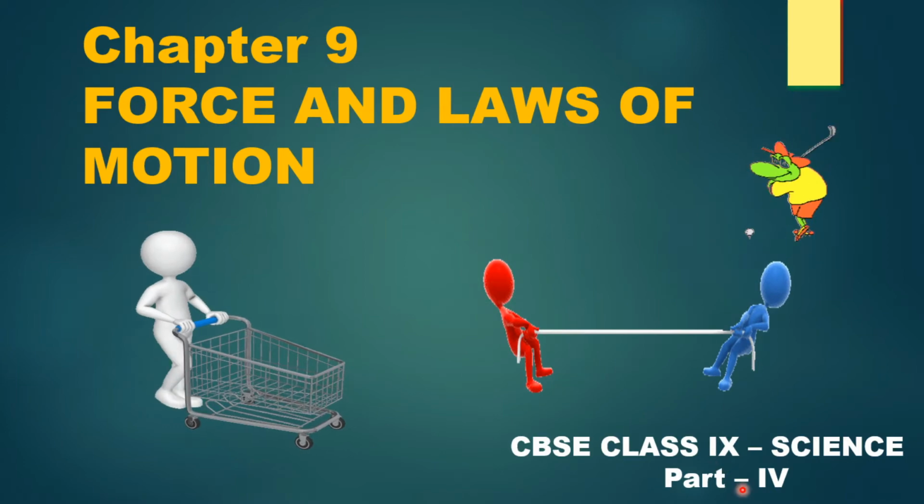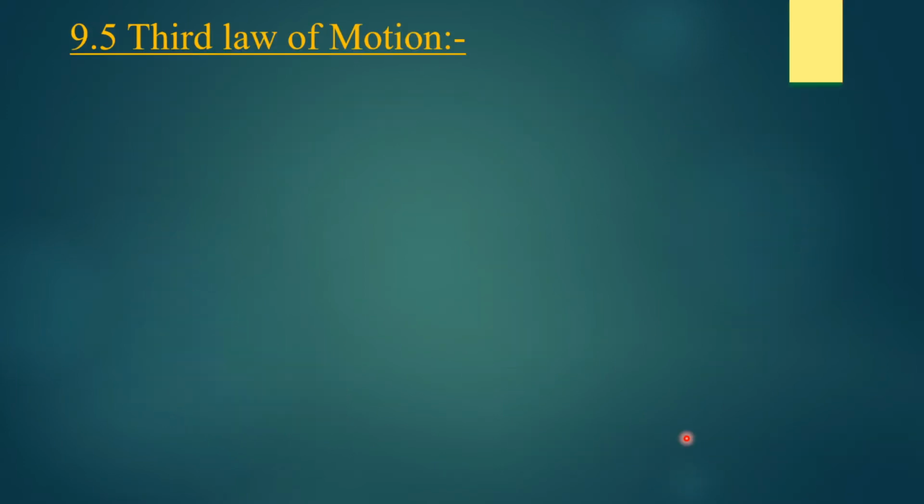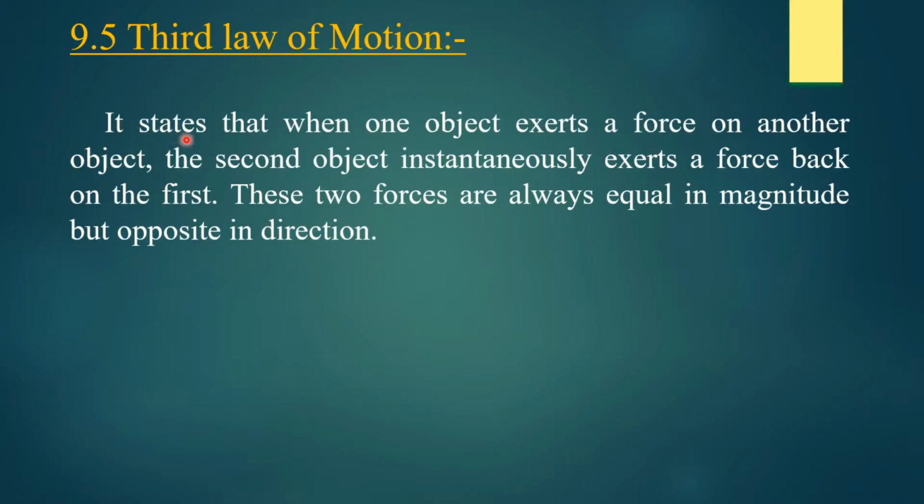In this chapter, we are going to study the third law of motion. It states that when one object exerts a force on another object, the second object instantaneously exerts a force back on the first. These two forces are always equal in magnitude but opposite in direction.